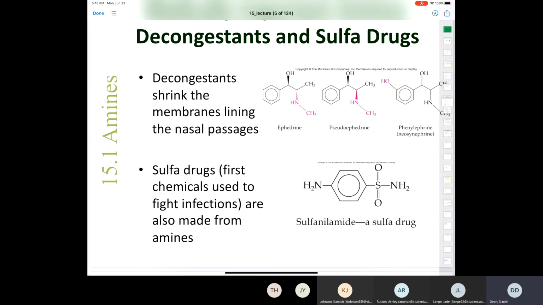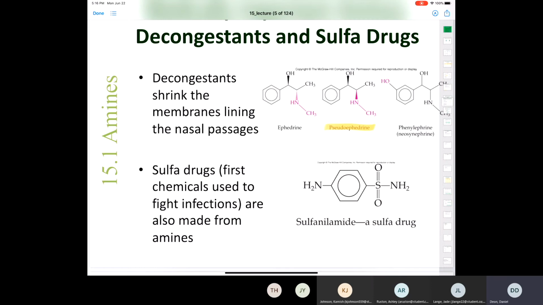And pseudoephedrine can be converted into crystal meth very easily, in fact. And that's why things like Sudafed are held behind the counter at the pharmacy, even though it is an over-the-counter medication. They monitor the drugs coming and going, because all you have to do is remove this portion of the molecule there, and then you would have crystal meth. So very easy to make crystal meth from pseudoephedrine.